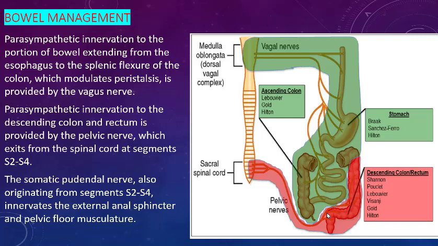The somatic pudendal nerve also originates from segments S2 to S4 and innervates the external anal sphincter and pelvic floor muscle. So the external anal sphincter is supplied by the pudendal nerve, and the pelvic floor muscles are also supplied by the pudendal nerve.